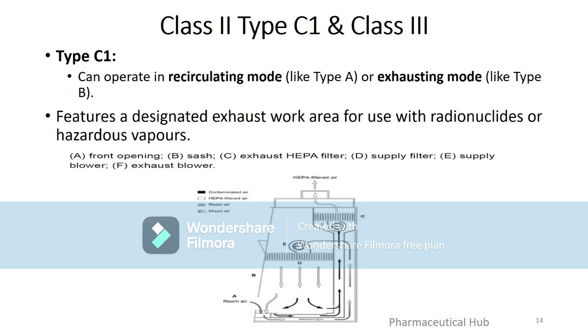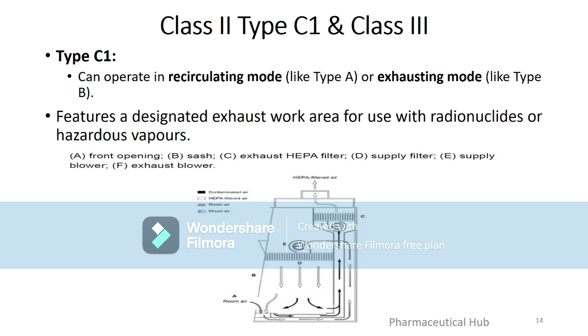This diagram illustrates the airflow in a Class II Type A1 Biological Safety Cabinet, BSC, a partially recirculating cabinet. It's designed to protect the user, the product, and the environment. Airflow explained. Inflow A. Room air is drawn into the cabinet through the front opening, creating an air barrier that protects the user. Recirculation.